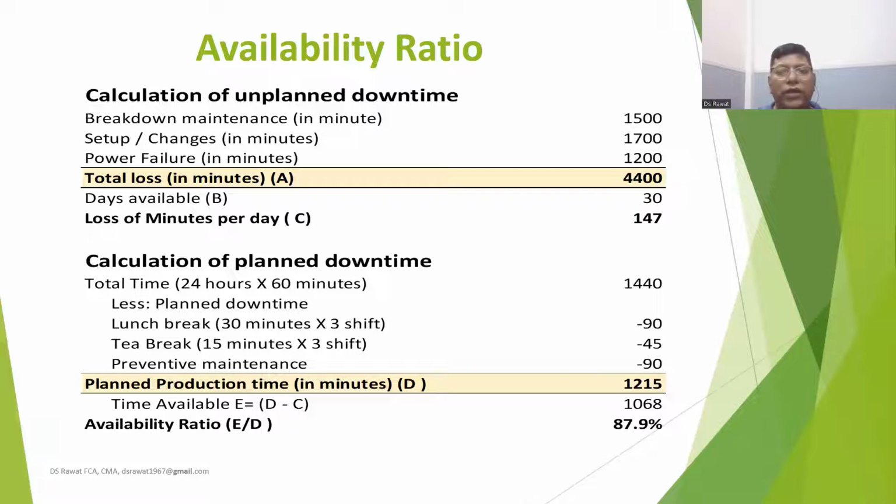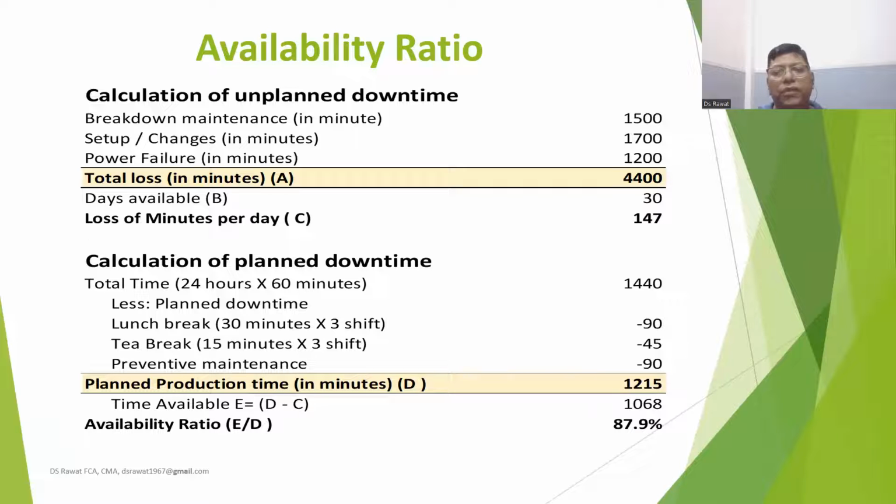Suppose we have a factory. In the factory, we have the lunch break. Lunch break is 30 minutes and there are three shifts, so there is a 90-minute wastage. Suppose the tea break is also there, which is 15 minutes, so 45 minutes.